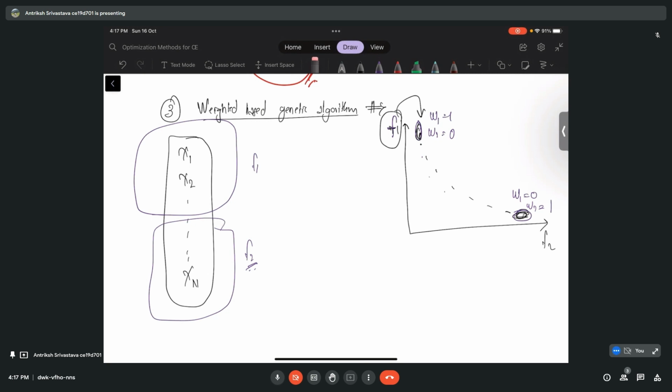Let's say you have a vector of weightages, w1, the weight for optimization function 1, and w2, the weight for optimization function 2. So what if you have 1 0, then 0.9 0.1, then 0.8 0.2, and so on until you go to 0 and 1.